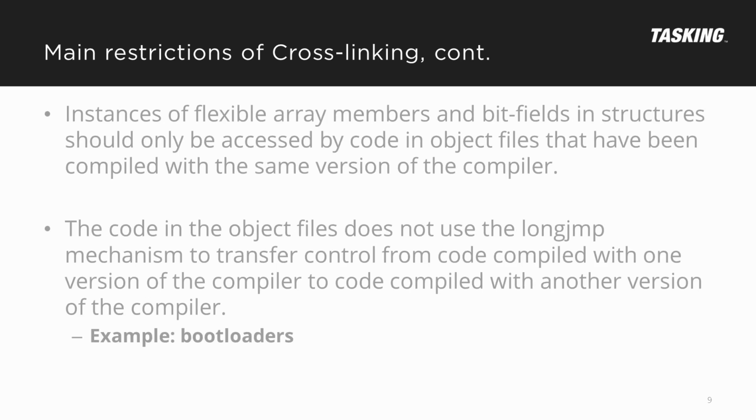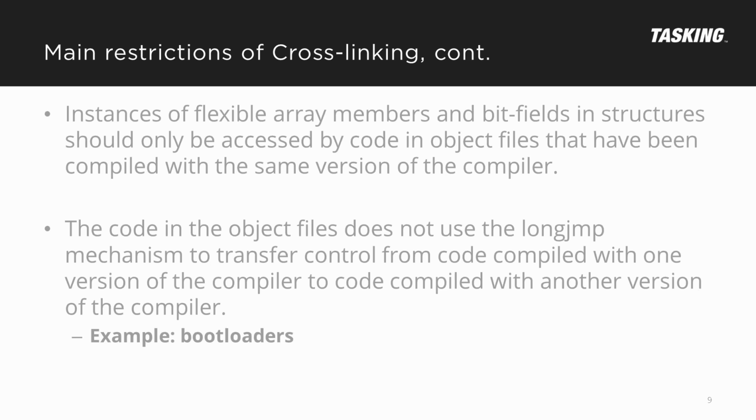And some other restrictions which are more or less obvious, but we have to document it, especially if you have to declare your certifier or something, why you're actually linking together different versions. So instances of flexible array members and bit fields and structures should only be accessed by code and object files that have been compiled with the same version of the compiler.